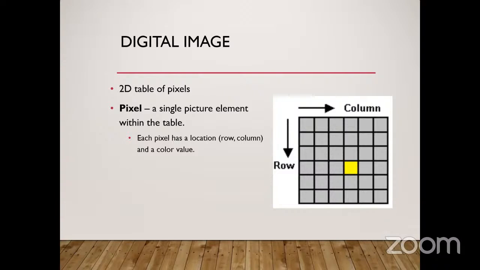That's how many little dots of color are in that picture. 12 megapixels means you have 12 million pixels per picture or per inch. I don't remember, per picture, I think.